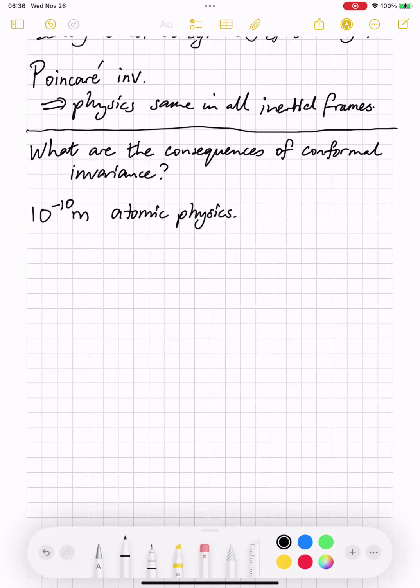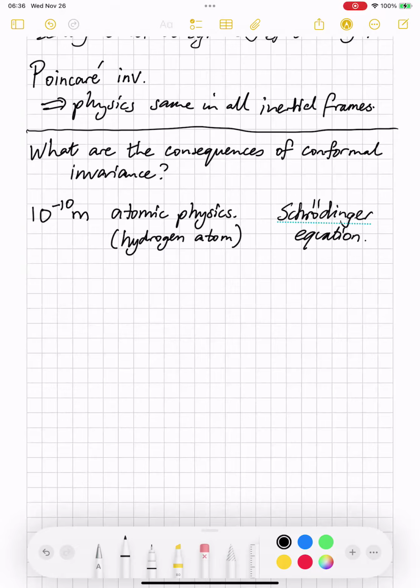So if you want to think about something specific, you might be thinking about a hydrogen atom. And if you want to know what laws of physics you would use to describe this hydrogen atom, well, that's easy. You would be using something like the Schrödinger equation. Okay, so this would be your description.